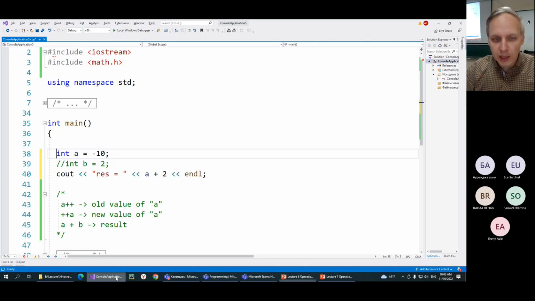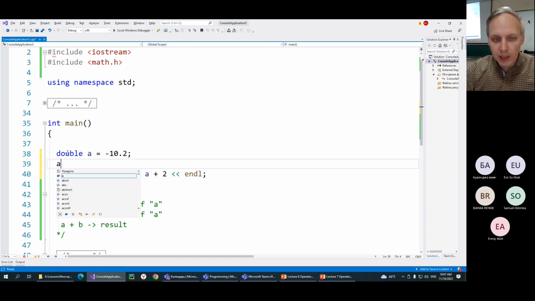Let me show you an example: a can be, for example, double a equals minus 10.1, minus 10.2, and I can apply a plus plus.